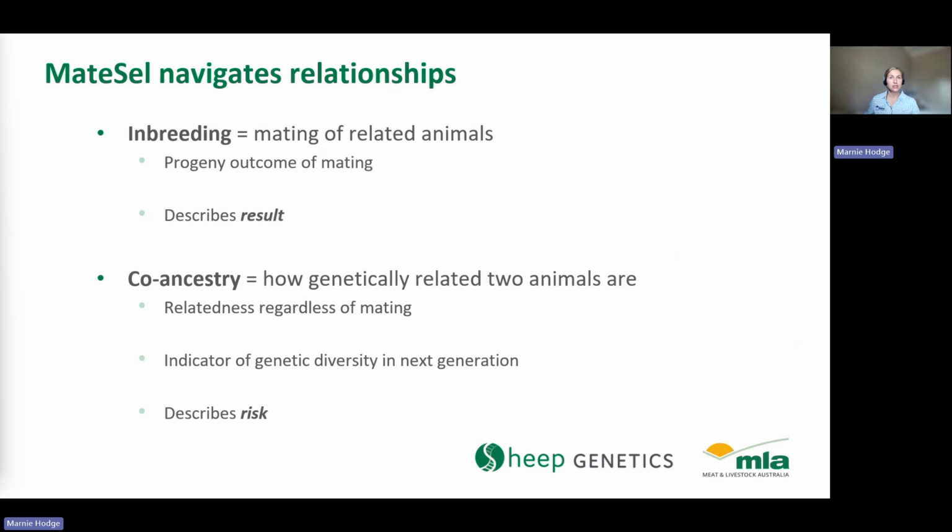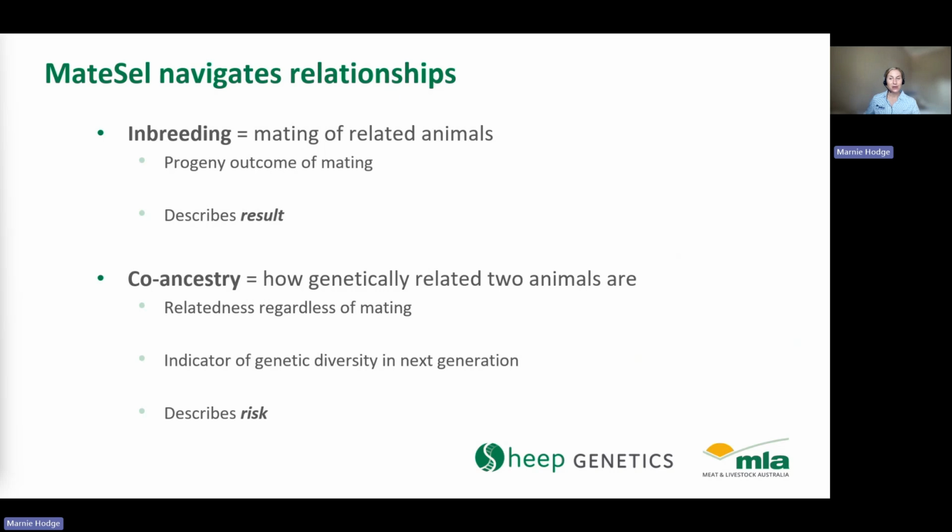Co-ancestry is just a description of how genetically related two animals are. It's the relatedness regardless of whether those two animals are going to be used for mating or not, and it's an indicator of genetic diversity in the next generation. So whilst inbreeding describes the result, co-ancestry describes the potential risk as well.